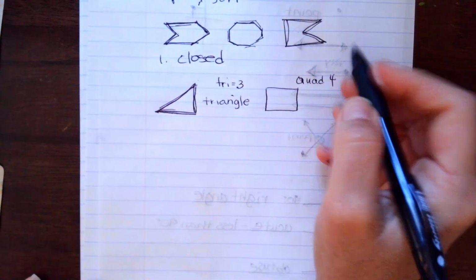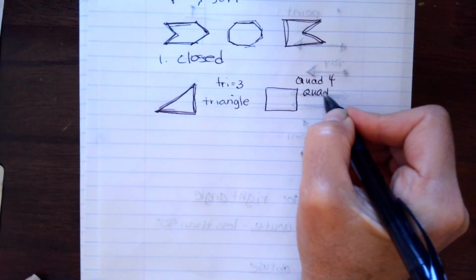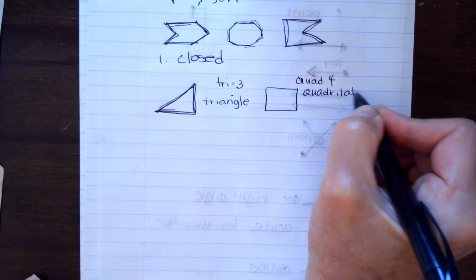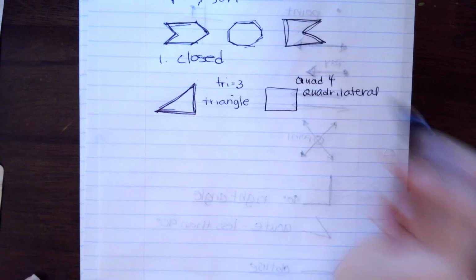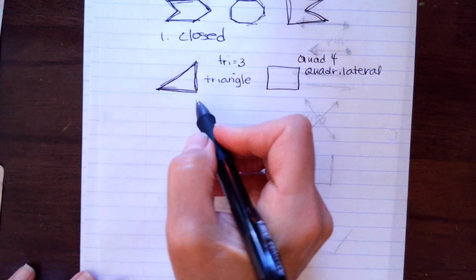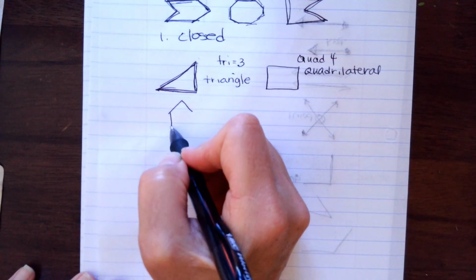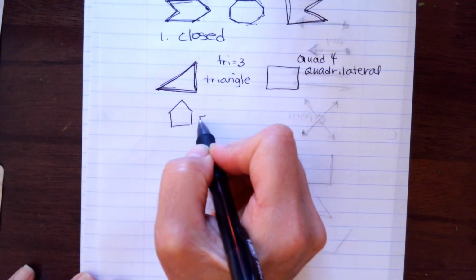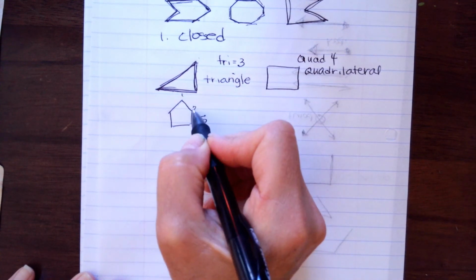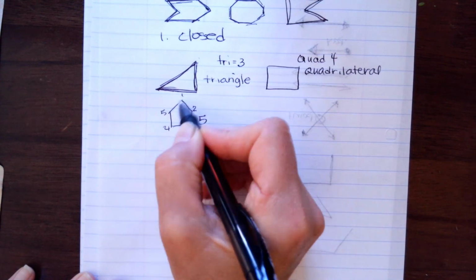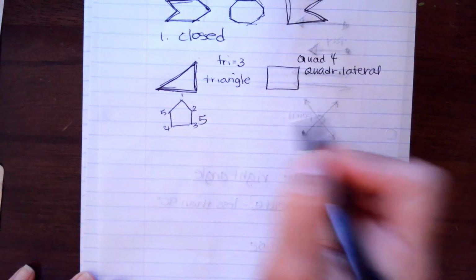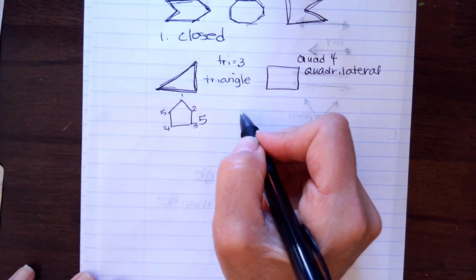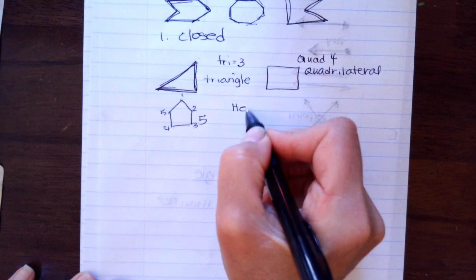And a quadrilateral is a shape made up of 4 sides. A pentagon is a shape made up of 5 sides. A hexagon is 6 sides.